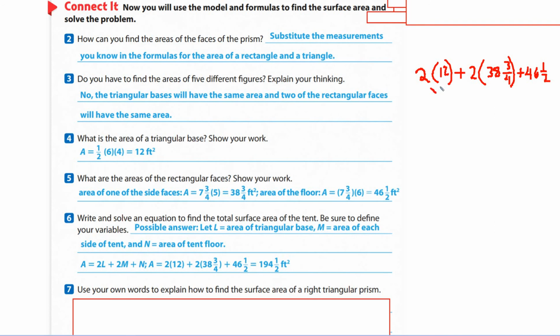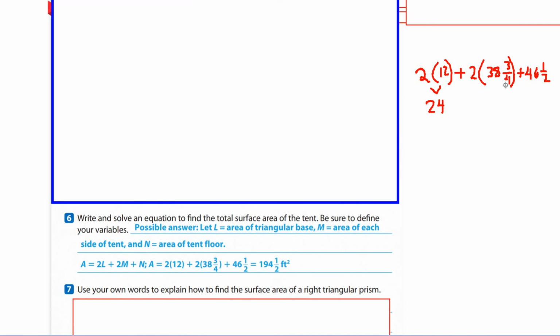We know 2 times 12 is 24. We got that. So now 2 times 38 3/4. Let me use a different color. Okay, 2 times 38 3/4.